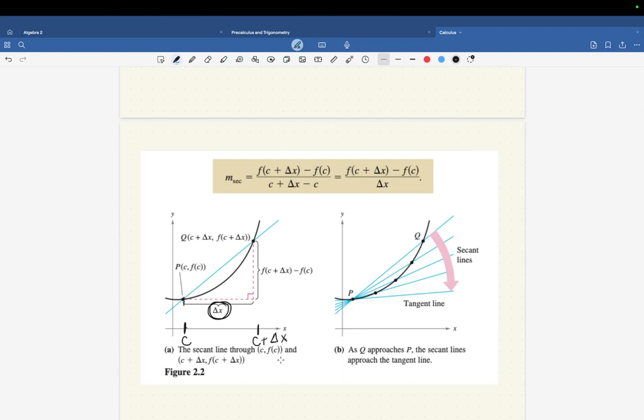And what we're going to see is we want to shrink that delta x. Here, the delta x at q was way out here, but then we shrunk it a little bit, and then we shrunk it some more, so it was getting closer to some value. And in this case, maybe they're going to call that c. So the limit is when this second point, or this delta x, goes to 0. So the limit as delta x goes to 0. And so we'll practice limit notation.